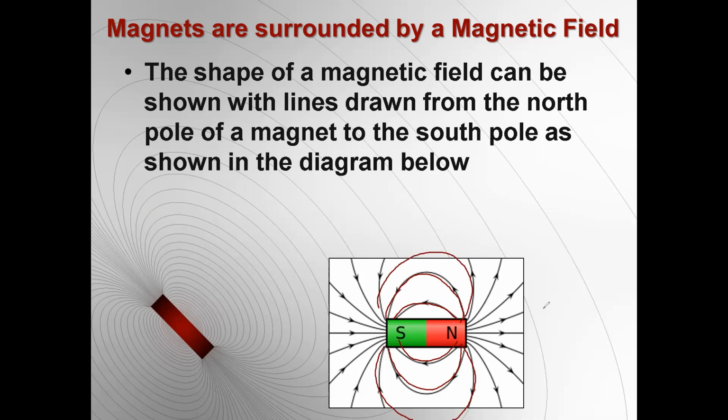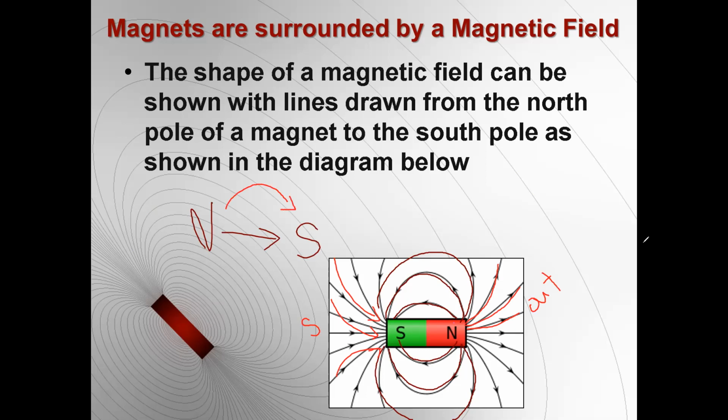Since they go from the north to the south, that means the lines will go out of the north and enter into the south. So remember, they are from the north to the south.